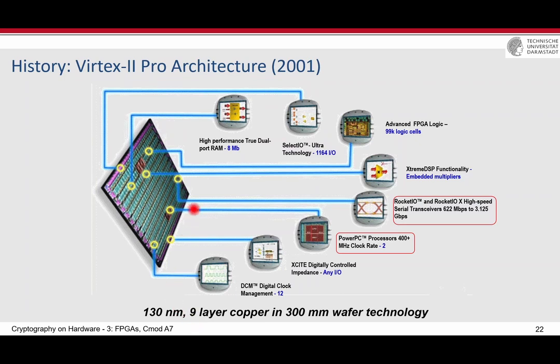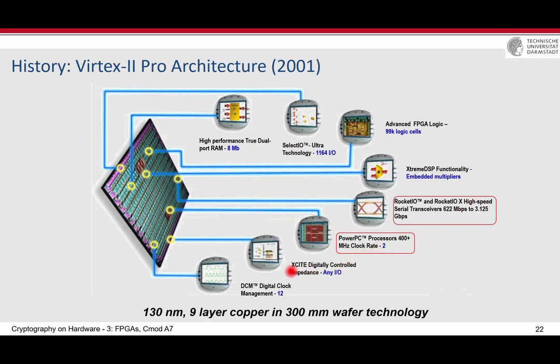For example, it announced the high performance true dual port RAM that I just explained, which was not available before. Then SelectIO Ultra technology for some functionality that you can select during runtime, like the direction of the port. Some advanced logic, around 100 kilo logic cells, DSP functionalities, and many other things.